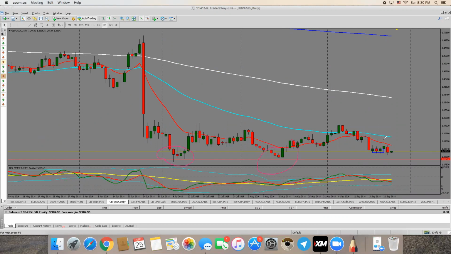Retail traders, no offense, place sell stops here. Breakout traders place sell stops somewhere around here, all over this area. These are called your seasonal lows and your seasonal highs if it's on the upside. If you want to write that down, feel free.